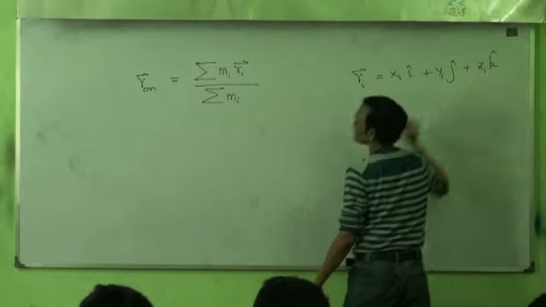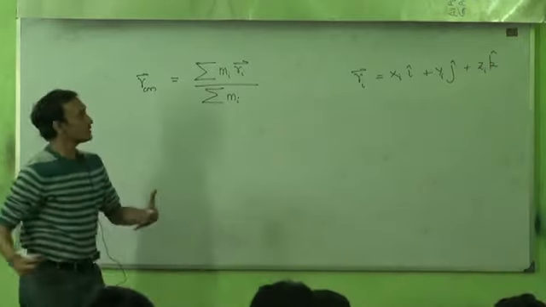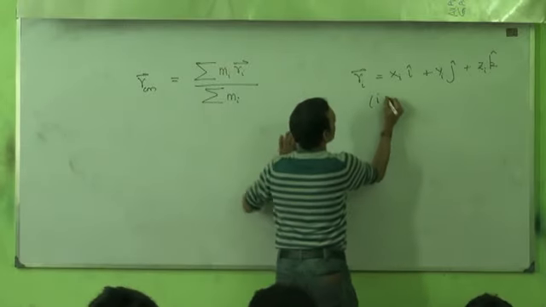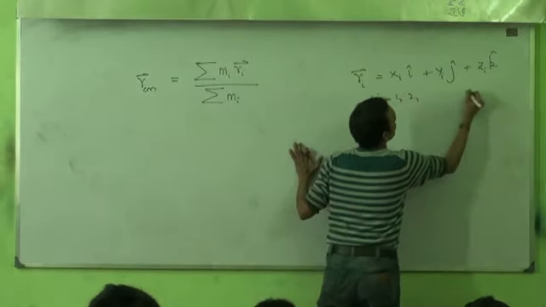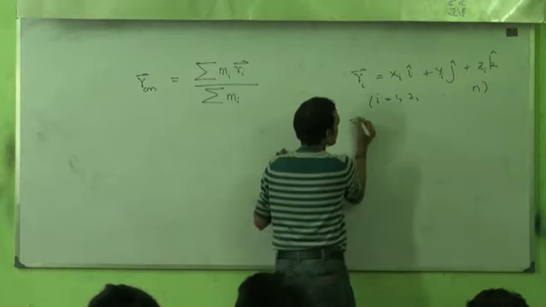That's going to be the position vector of the ith particle, right?